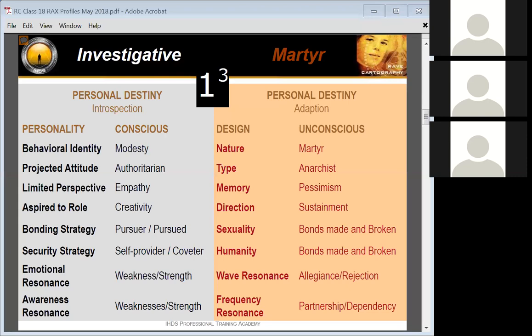So as a 1-3, if we were to do an example keynote, just pulling some of these together, you could say: as a 1-3, I can sense when there is weakness that must be rejected, and find myself studying things and pursuing others that can help me overcome my own insecurities so I can take care of myself.